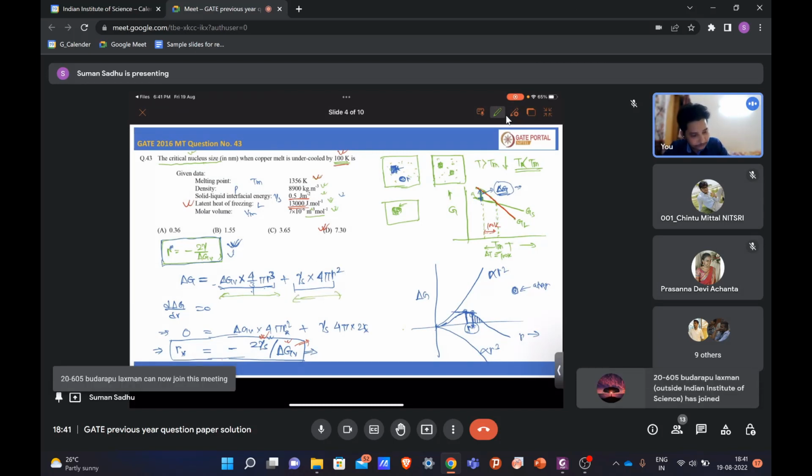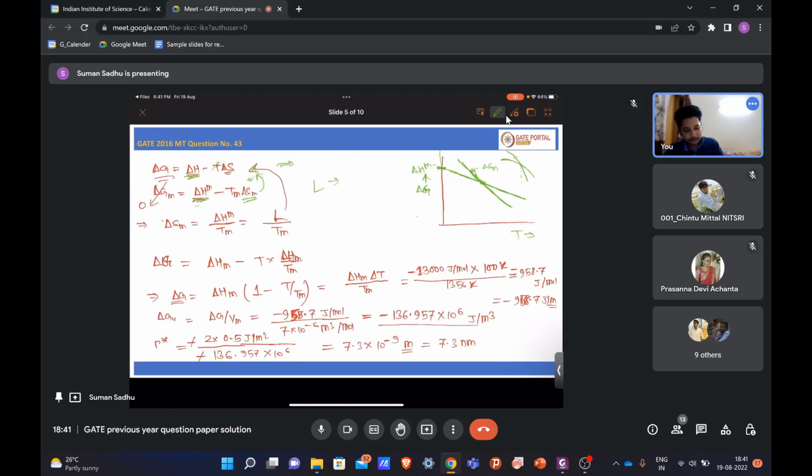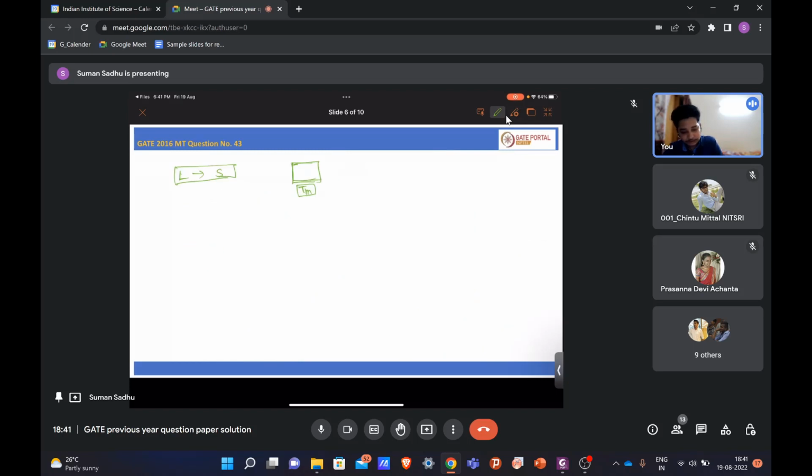Now, if you are at this point, here delta G is 0, right? So you are not getting any driving force there. It is totally 0, so you are not getting sufficient energy to create this surface. So solidification will not occur exactly at Tm. You have to give a certain amount of undercooling, going below Tm. Then only it will start to form a nucleus of solid.